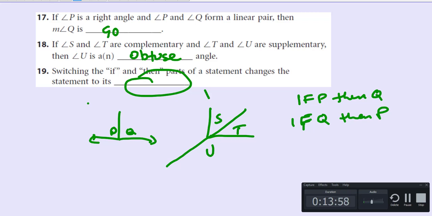Okay. So I don't know why I didn't get that. So switching the if and then parts around gives you the converse, which is kind of like what went on with the other one. Okay.